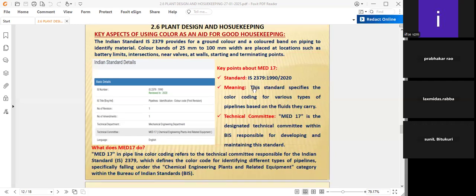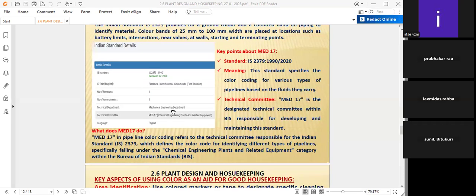This standard specifies the color coding for various types of pipelines based on the fluids they carry. Normally it is used for chemical industries only, but the pharma industry also has the same color coding. Pharma has different standards too, so they can use this standard or a dedicated standard for pharma.